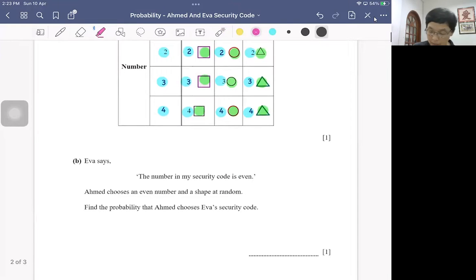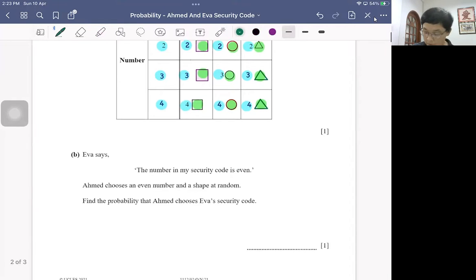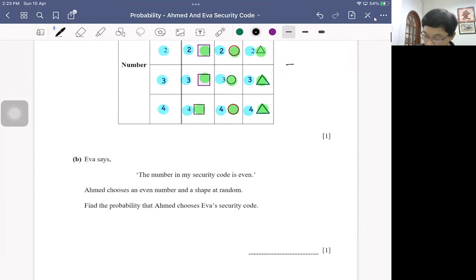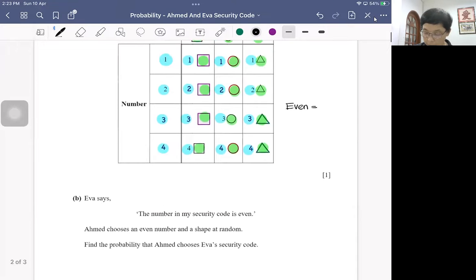Okay, so let us just write it out. Even numbers, out of here. Even numbers, how many of them? So let's count them. 1, 2, 3, 4, 5, 6. Yep, so there are altogether 6 choices available.